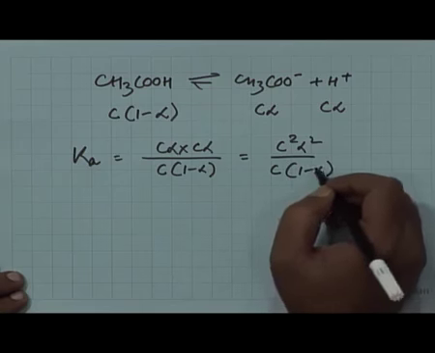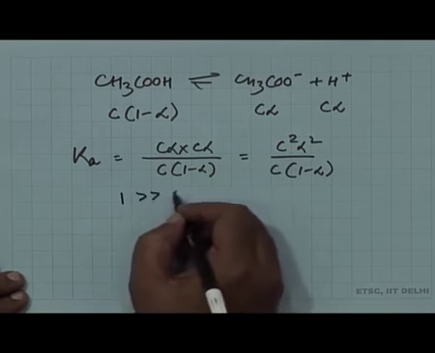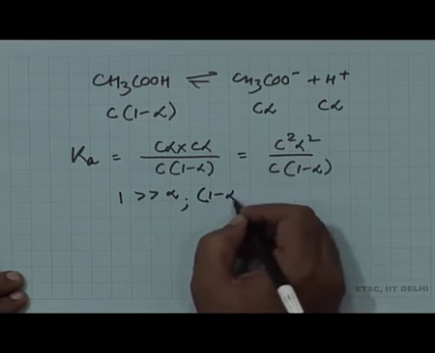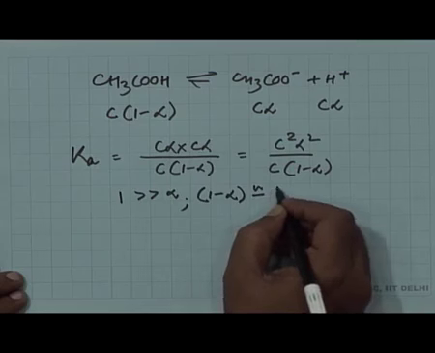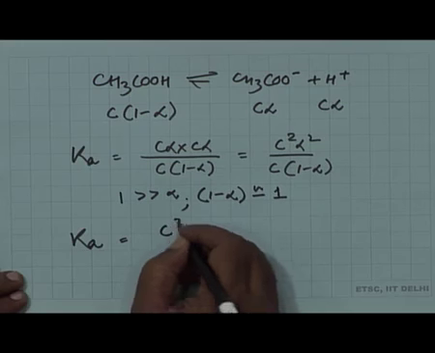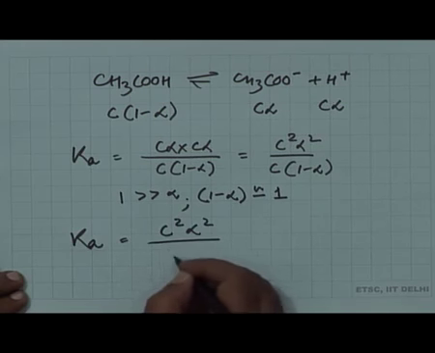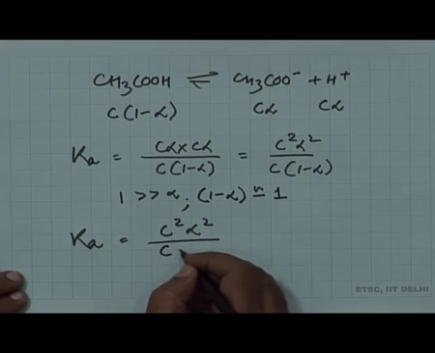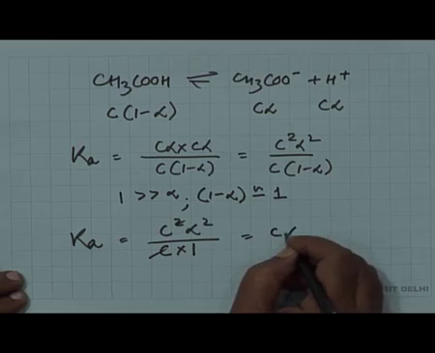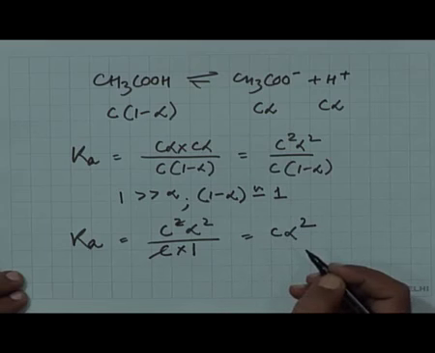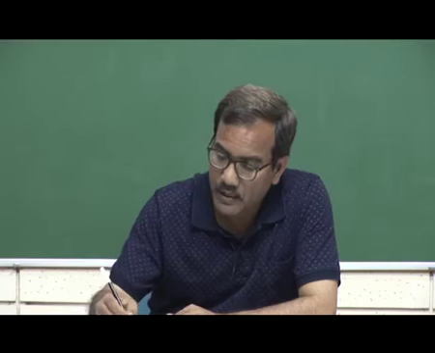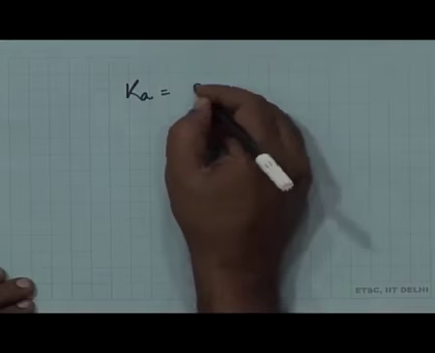Since this is a very weak acid, 1 is quite greater than alpha. So, 1 minus alpha is almost equivalent to 1, and so Ka will be C square alpha square by C, and C cancels out. So, Ka is equal to C alpha square.